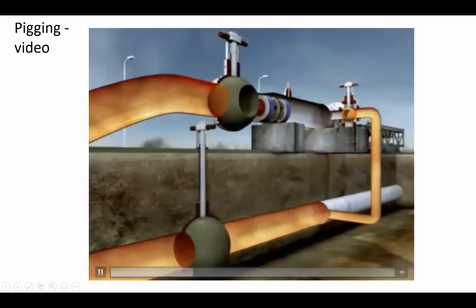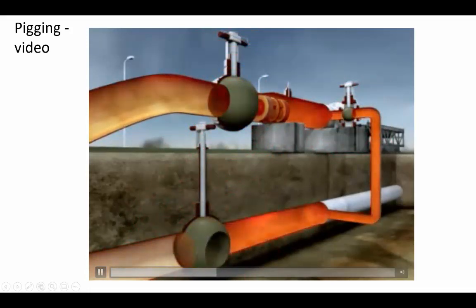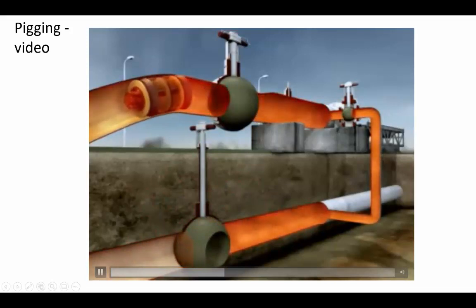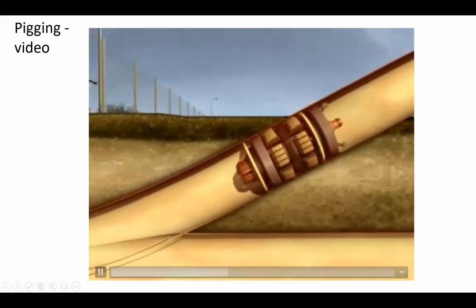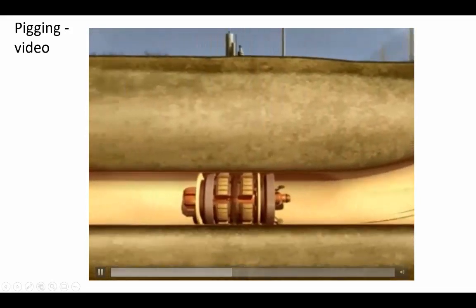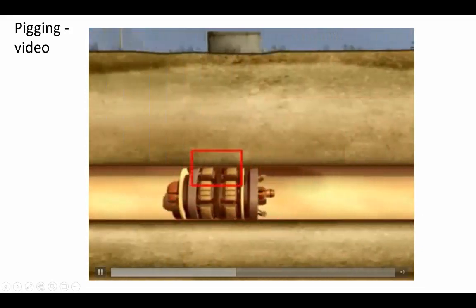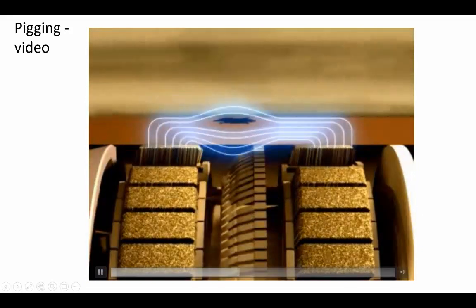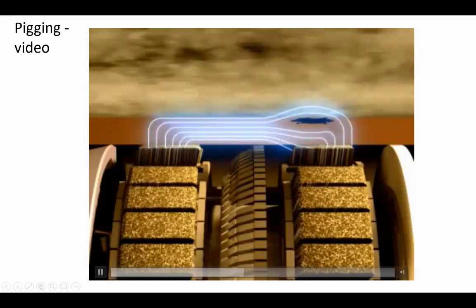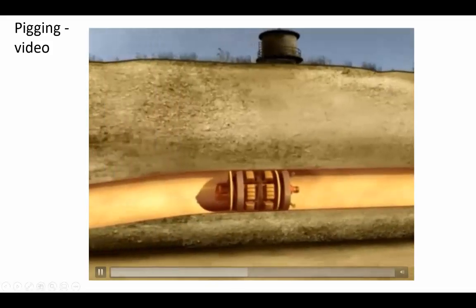Now you open that valve and you pressurize behind it. Of course, we cannot do that onshore unless we have a motive fluid which is not hydrocarbon. And then you start to push it. In this case it is measuring the integrity of the pipe, measuring if there are any corrosion spots.